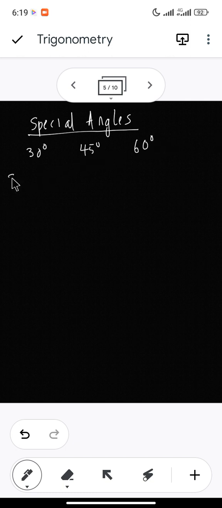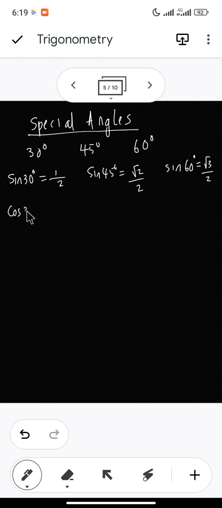Now it's important to note that sine 30 degrees gives you 1 over 2. Sine 45 degrees gives you root 2 over 2. Sine 60 degrees gives you root 3 over 2.